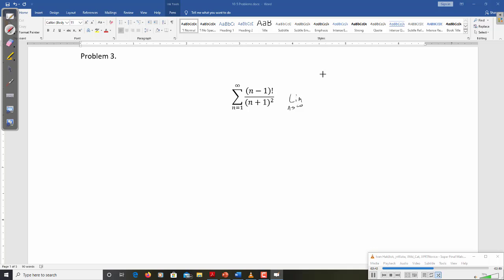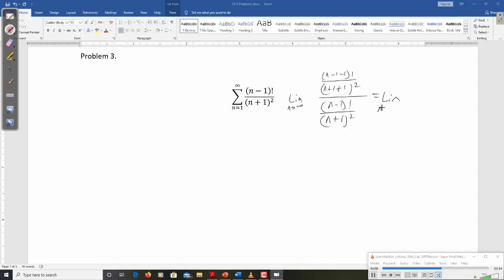I might as well. (n+1-1) factorial over (n+1+1) squared, divided by (n-1) factorial over (n+1) squared.